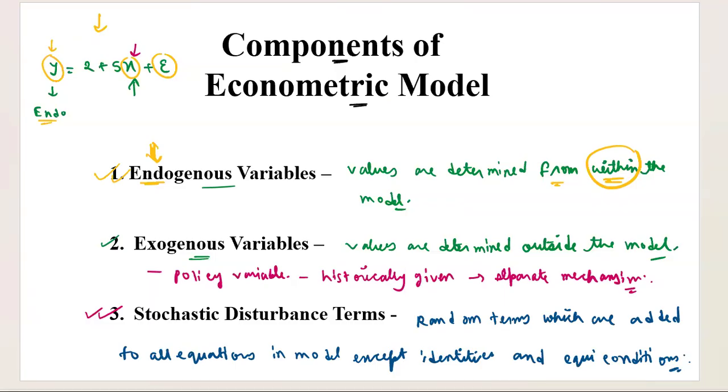So these are the definitions. Stochastic disturbance term is the random term which is added to all equations in the model except identities and equilibrium conditions. So these are the components of econometric model.